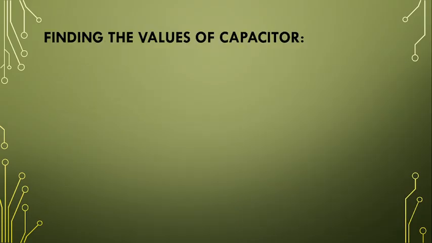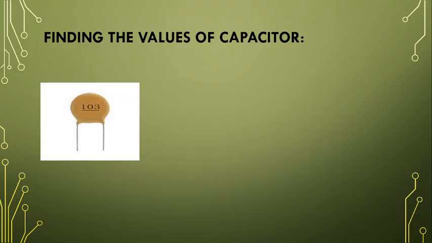So for finding the values of capacitors, before these kinds of ceramic capacitors we had color codes for capacitors too, like a resistor, but now in the modern electronics era they look like these kinds of values.